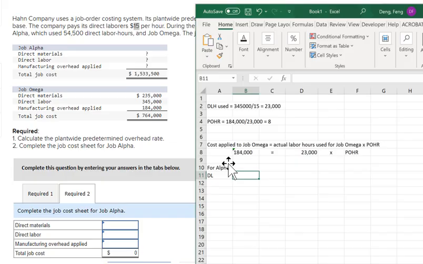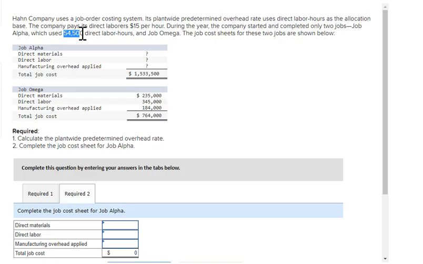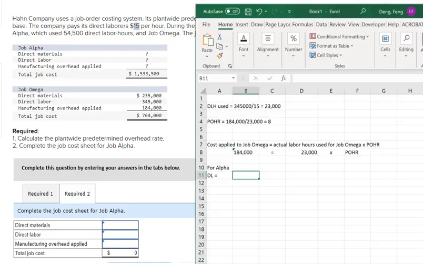We know that it's 54,500 direct labor hours, and if we pay them $15 per hour, then the direct labor cost equals 54,500 times 15, which gives you 817,500.